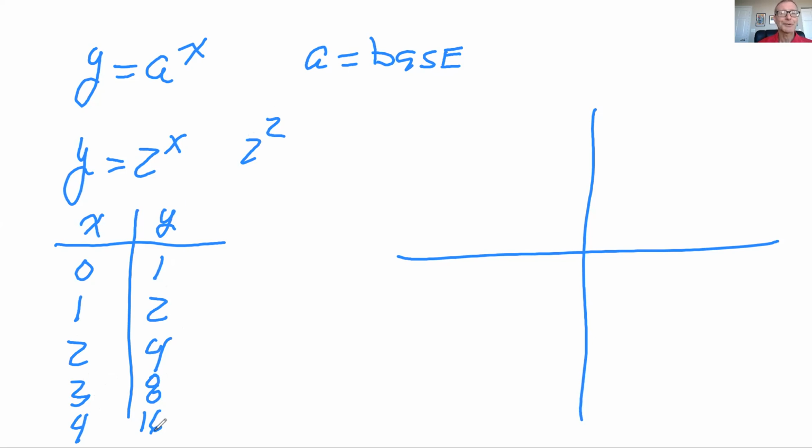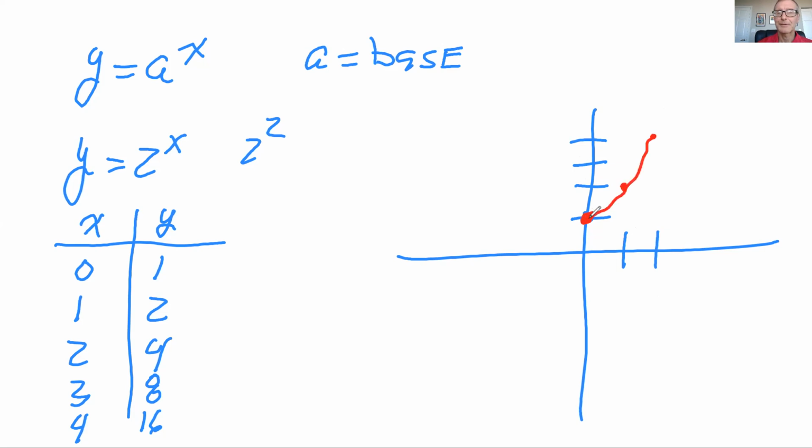So where does it start? Well, it starts at x equals 0, y equals 1. So it'd be right here. Let me pick a different color for this. So when x equals 2, y equals 4. That would be this dot right here. x equals 1, y equals 2 would be this dot.